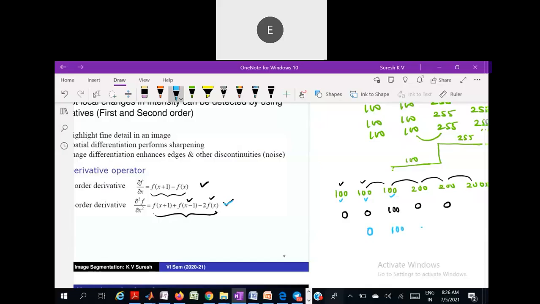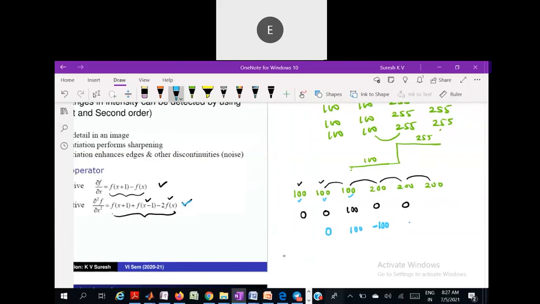The value here? 100. 200 plus 100, 300 minus 200, 100. Here 0, correct. 200 plus 200 is 400 minus 400, it is 0.